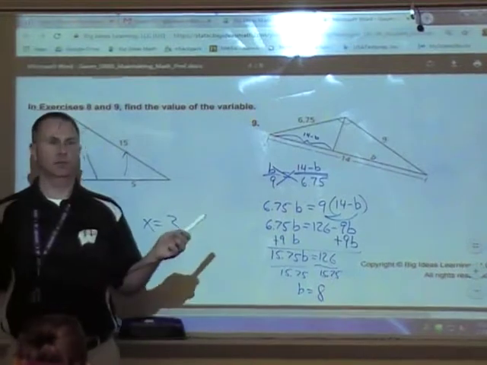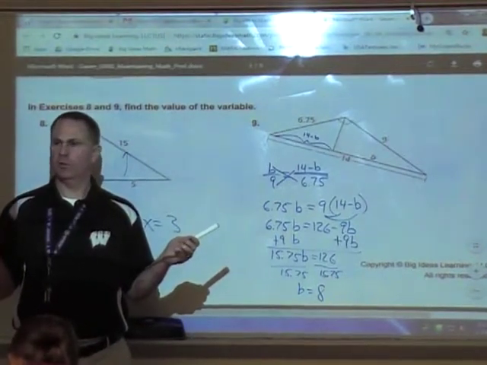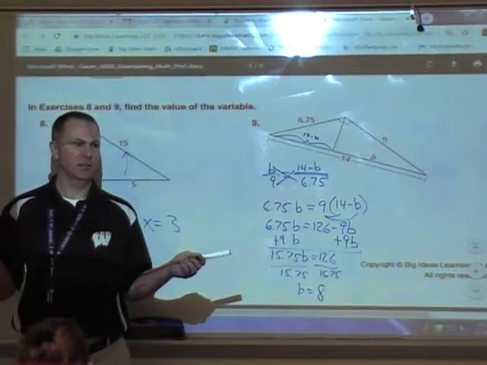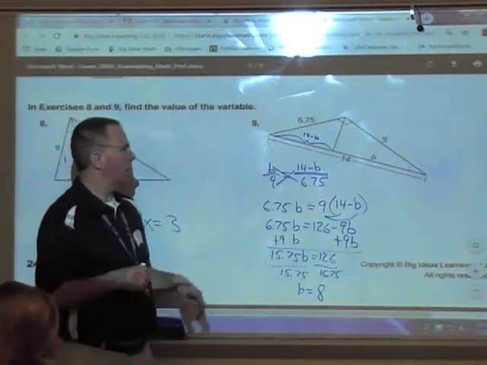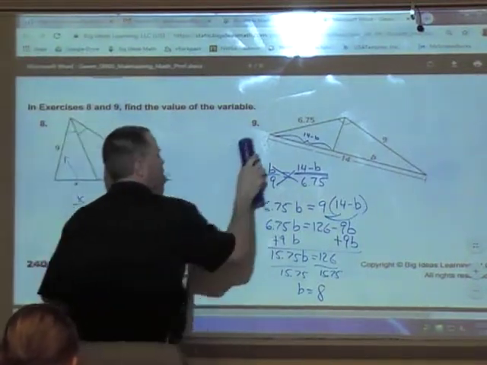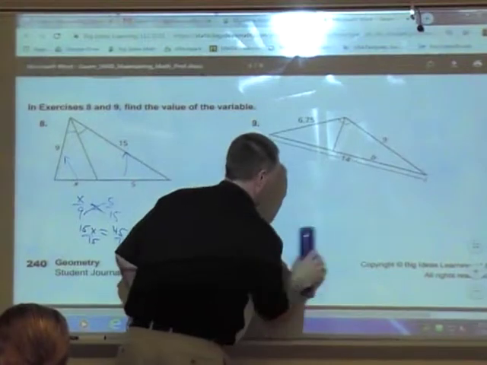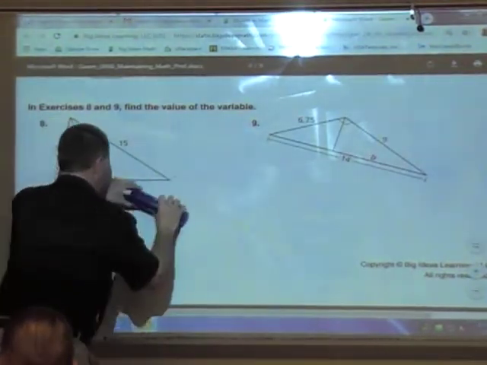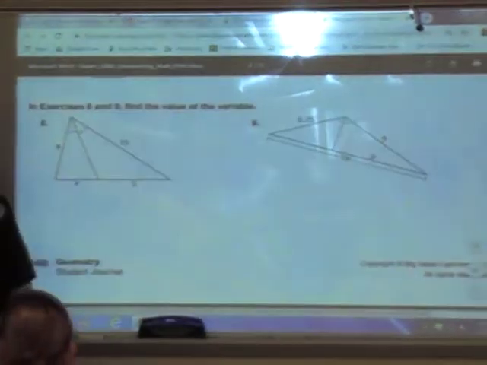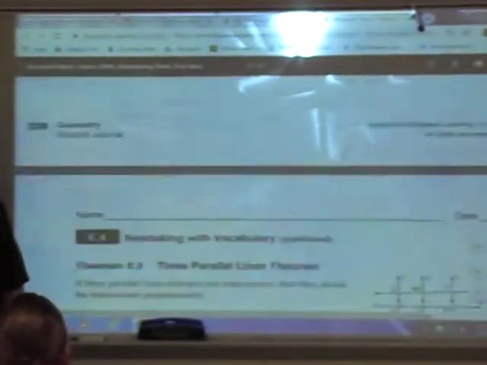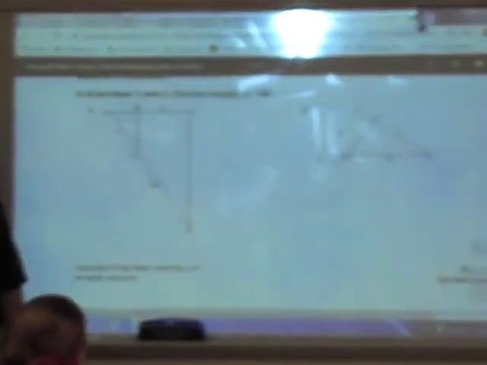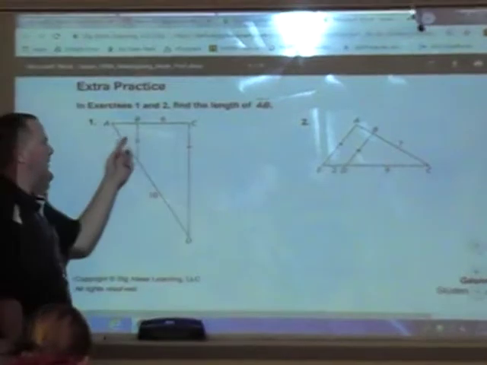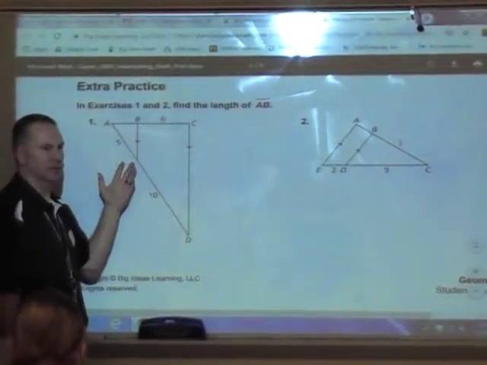Who got 8? So what do we do today? It's all proportions, right? Okay. So on that first problem, make sure you understand why it is. Make sure you understand why these two are similar.